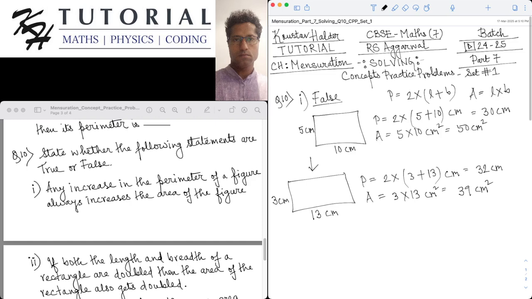So this is a counter example to say that any increase in the perimeter of a figure always increases the area of the figure. This is false. Okay, let's do part 2. So always remember that an increase in the perimeter of a figure does not always increase the area of the figure.